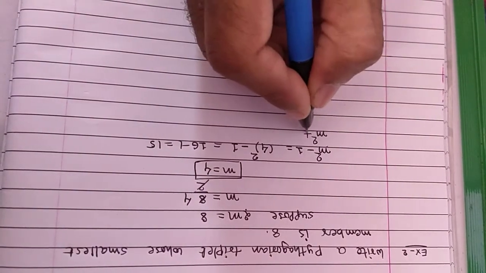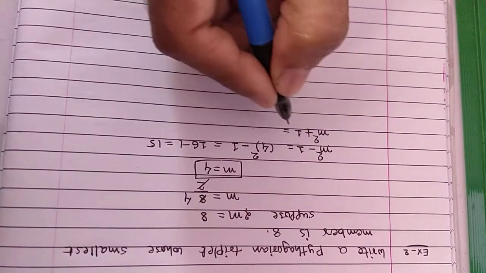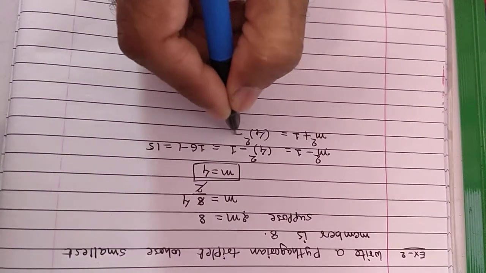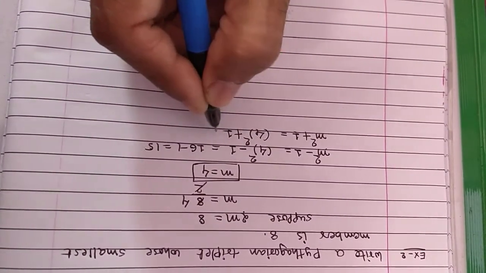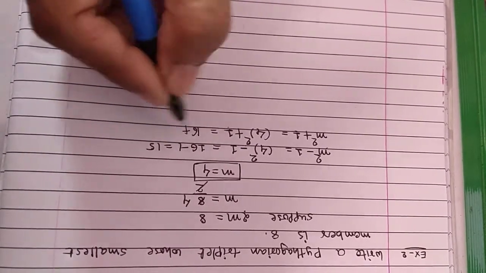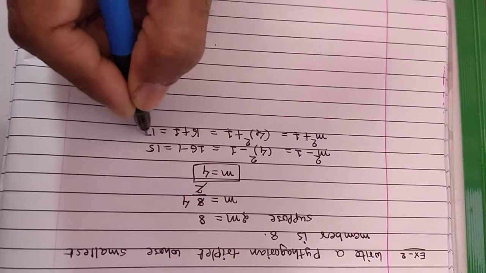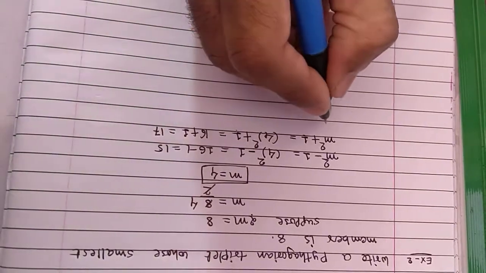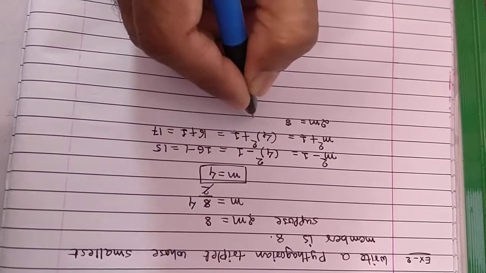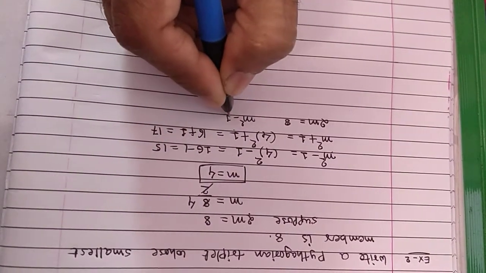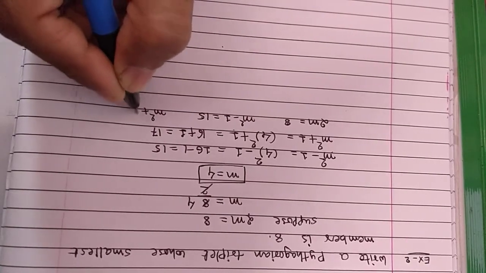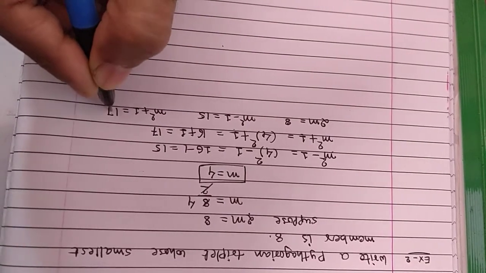The third number is m square plus 1, so 4 square plus 1. 4 square is 16 plus 1, which is 17. So 2m is 8, m square minus 1 is 15, and m square plus 1 is 17.